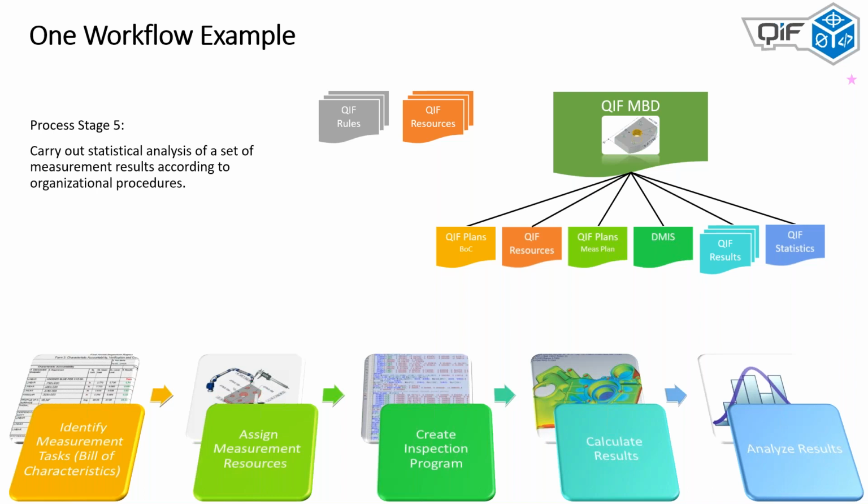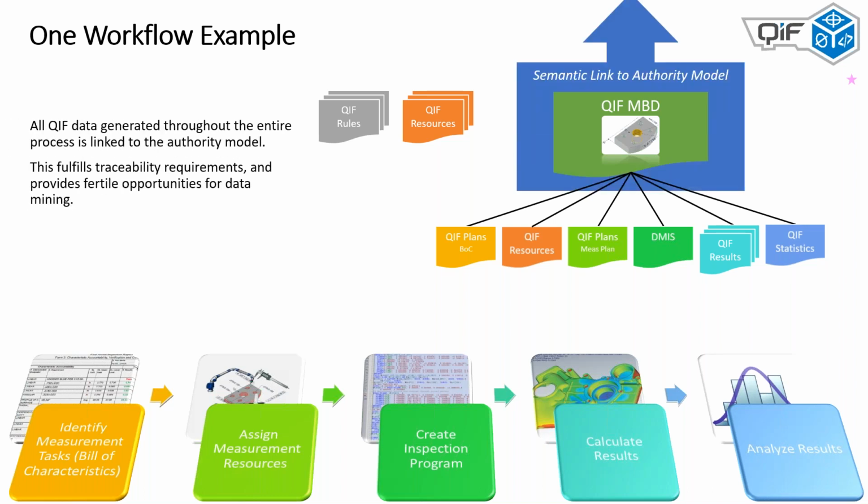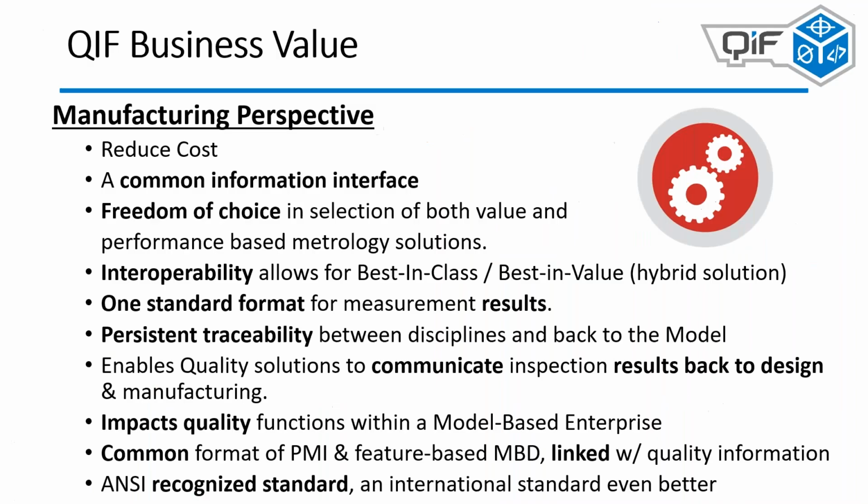So that's one good workflow example. All that data could be generated and could be passed on to your source model or your authority model as well. So full traceability throughout.